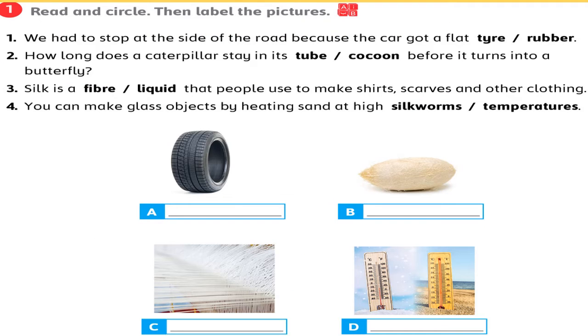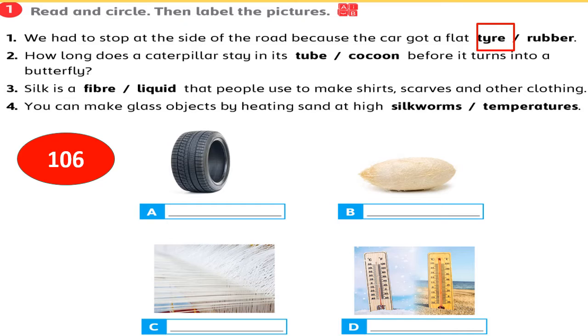Open your workbook, please, page 106. Exercise number 1. Read and circle. Then label the pictures. We had to stop at the side of the road because the car got a flat tire or rubber. Yes, tire. A flat tire.